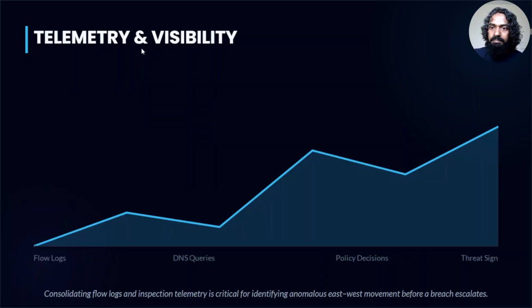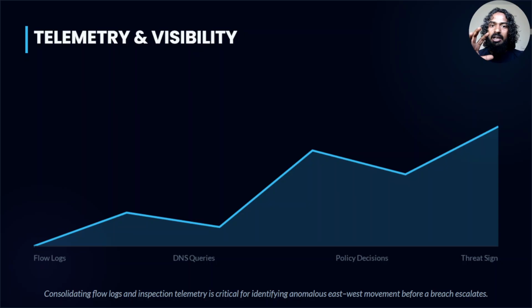And then, okay, my favorite. So this piece decides whether segmentation is real or imaginary, right? What we usually collect are flow logs, your complete firewall logs, your DNS telemetry, east-west traffic visibility as we discussed, your policy decision logs.